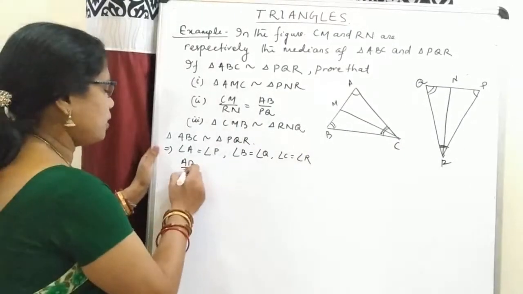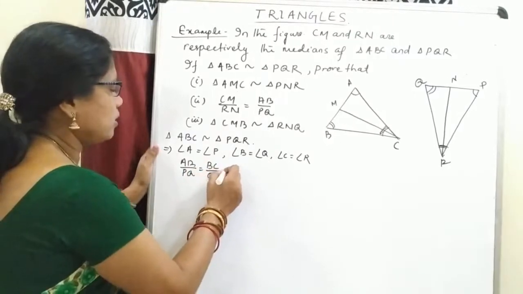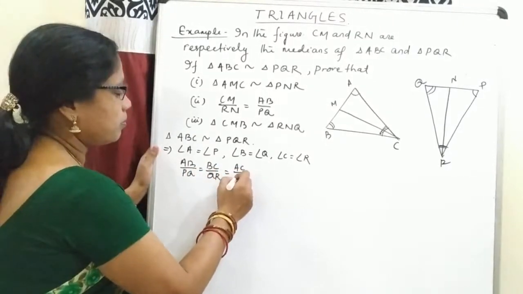So AB by PQ is equal to BC by QR is equal to AC by PR.